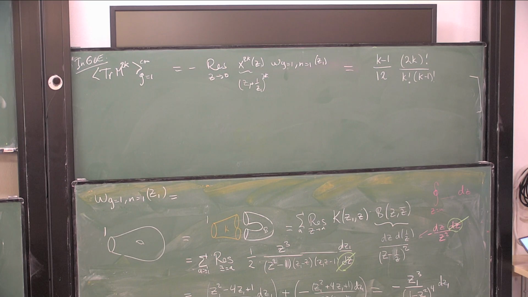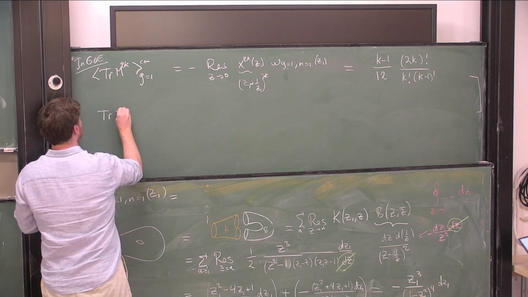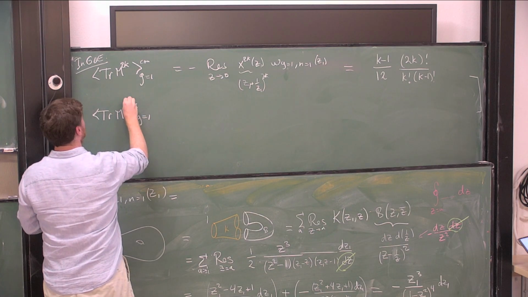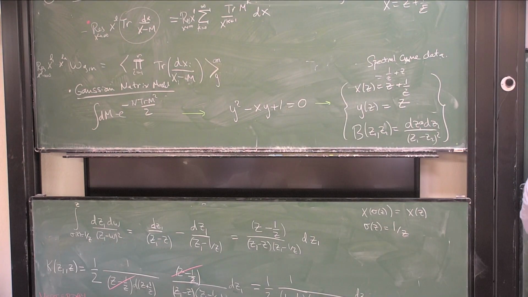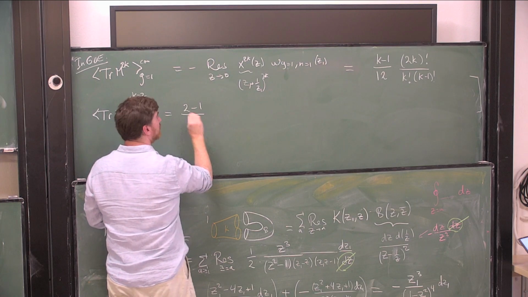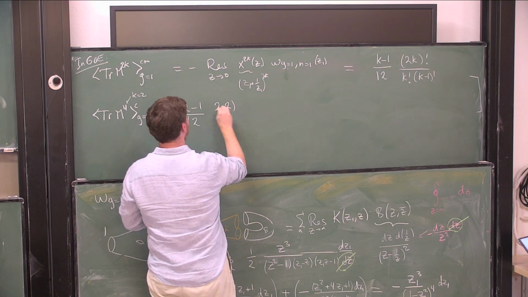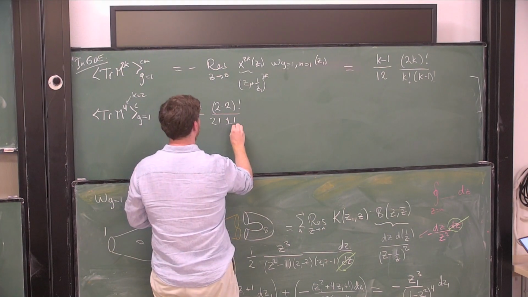Now let's just double check this. If we take the trace of M to the 4, connected, genus 1, this means k is equal to 2. So let's just put that in. We've got 2 minus 1 over 12, with 2 times 2 factorial, 2 factorial, and 2 minus 1, so 1 factorial.